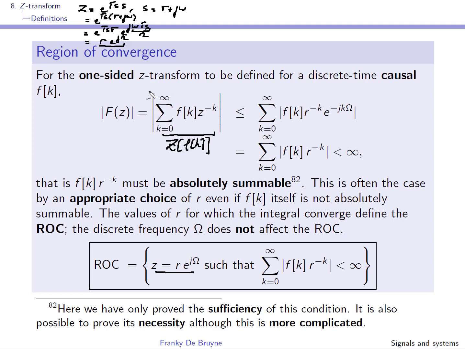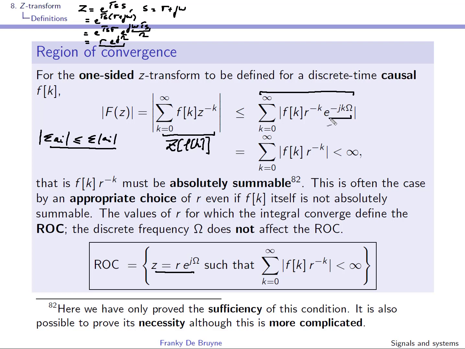So what we'll do is take the absolute value, and remember this triangle inequality that we've used now for the fourth time. The absolute value of a sum of a_i is smaller or equal to the sum of the absolute values of the a_i, right? If we use this, we can obtain an upper bound of this, and here it is.